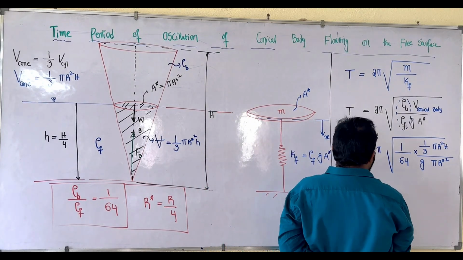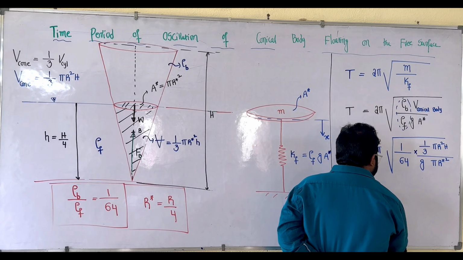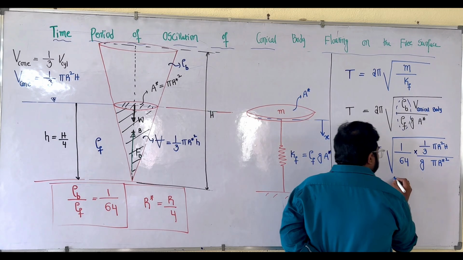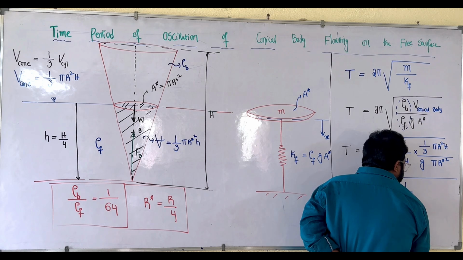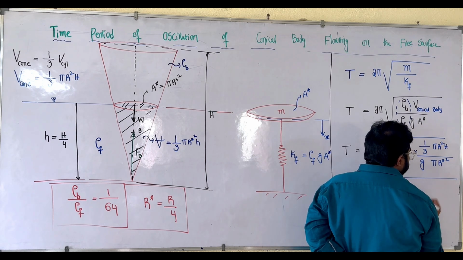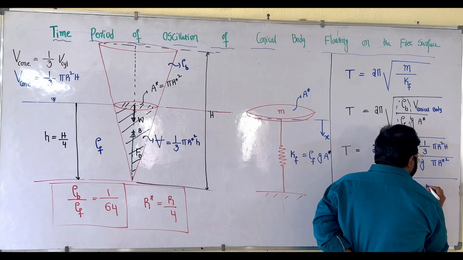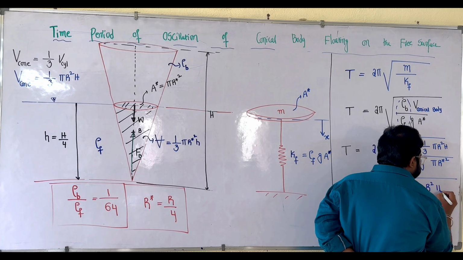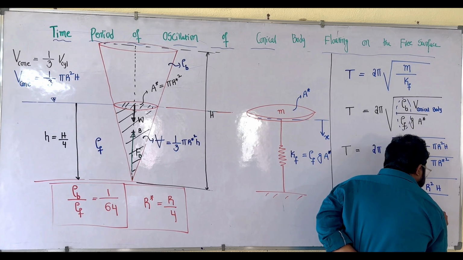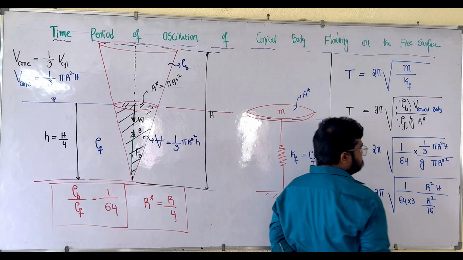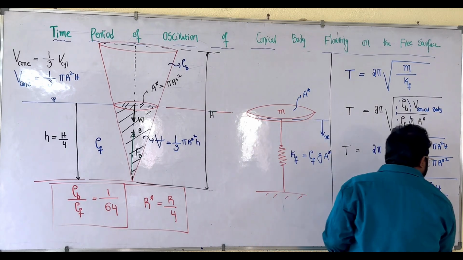Then finally what is obtained? 2 pi square root of 1 by 64 into 3. Pi gets cancelled out. R square into H by (R by 4) whole square.